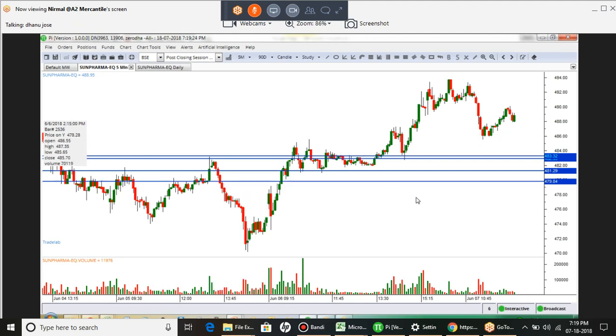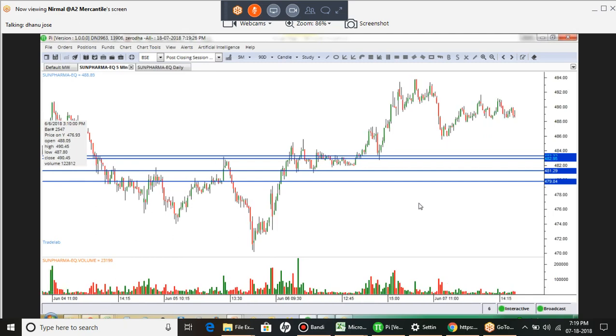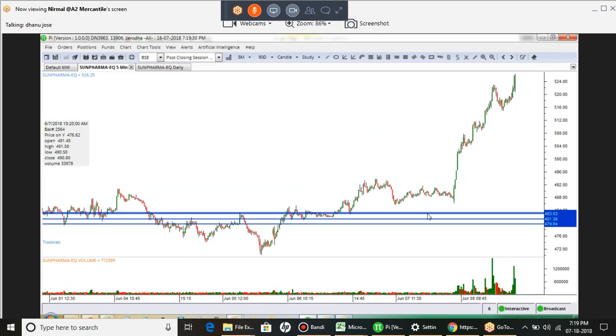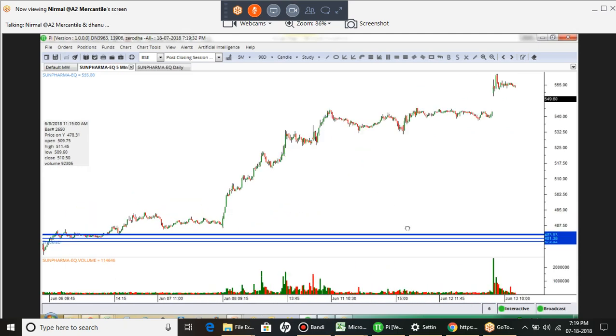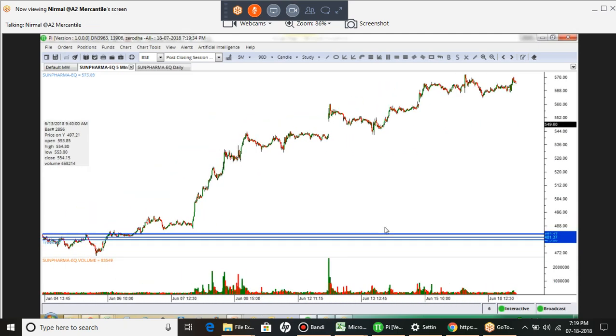Why do we take the heaviest candle of the previous day, sir? What is the logic? The logic is that whenever a volume will happen, say for example this particular day we see that there is a volume of almost 10 times or something, right?